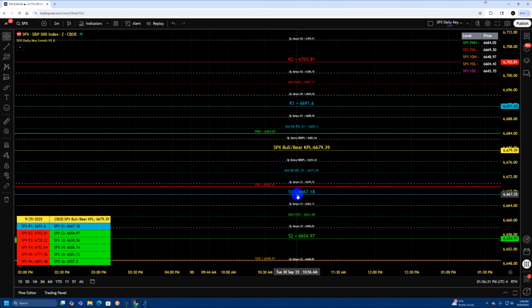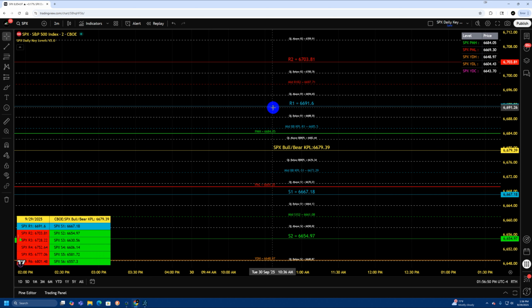So always just remember that on bearish trades from any level, your tight stop loss is going to be the first QL above that level, and your standard stop loss is going to be the first midpoint above that level for bearish trades taken from that level.